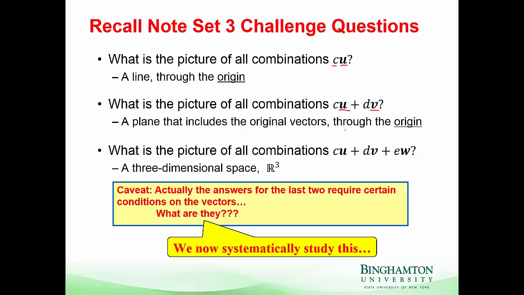Now, you're probably visualizing this in 3 dimensions, but that same idea extends to higher dimensions, even though you can't see them and visualize them. 4, 5, 6, or 1,000. So if I had two 1,000-dimensional vectors and I wanted to form a linear combination from them, there would be some two-dimensional surface in that 1,000-dimensional space.